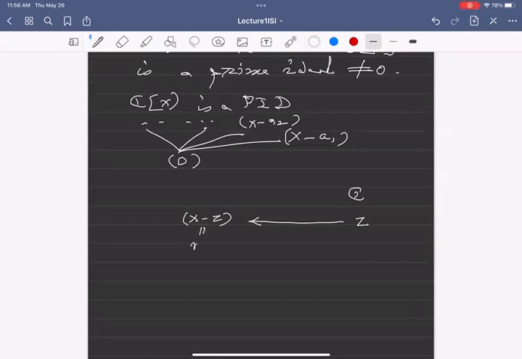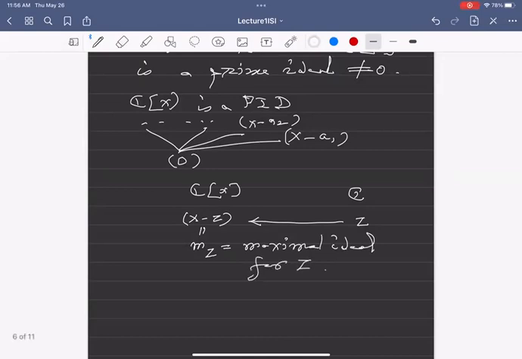Call this the maximal ideal which is associated to this complex number. This generates a maximal ideal in C[x], the maximal ideal for z. And the variety defined by x minus z is simply z.